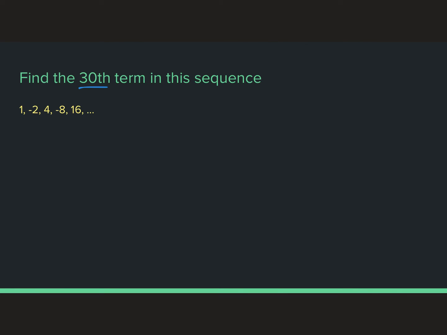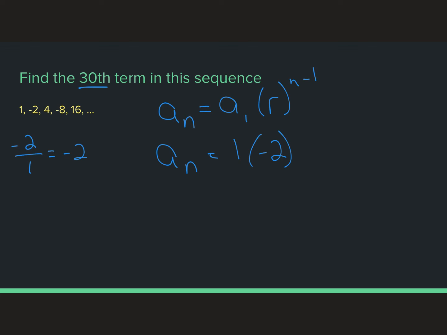30th term. Okay, again, we're going to start with our a sub n equals a sub 1 times r to the n minus 1. In this case, my first term is 1. My r is negative 2 over 1, which is just negative 2. And then up here, n minus 1, 30 minus 1 is 29. So I can put that into my calculator.